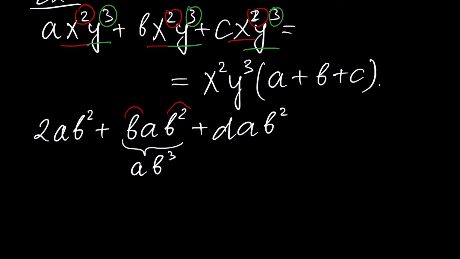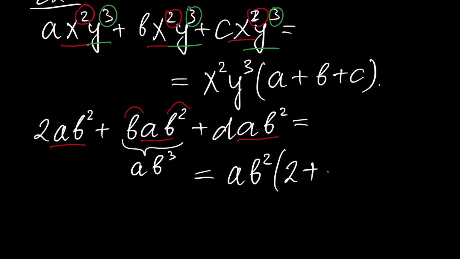ab cubed, ab squared. It's easy to see that these monomials are similar, and obviously ab squared is a common factor for these three monomials, so we can take out the common factor ab squared, and we have 2 for the first monomial plus b for the second monomial and plus d for the third monomial.